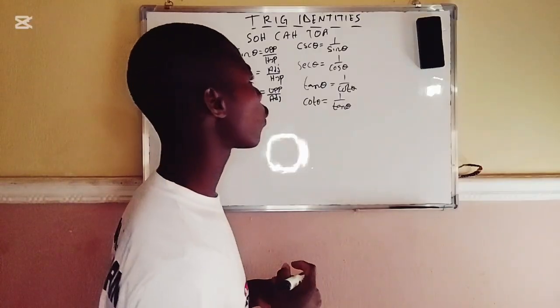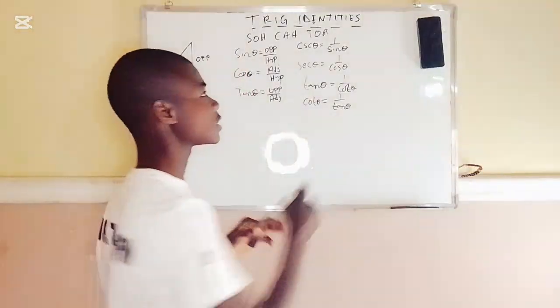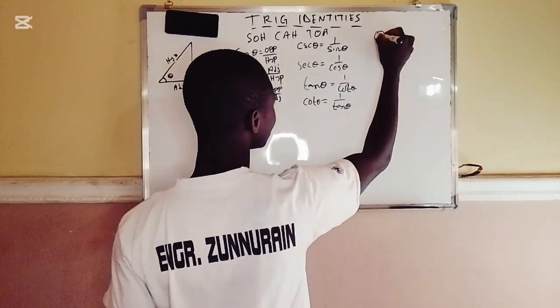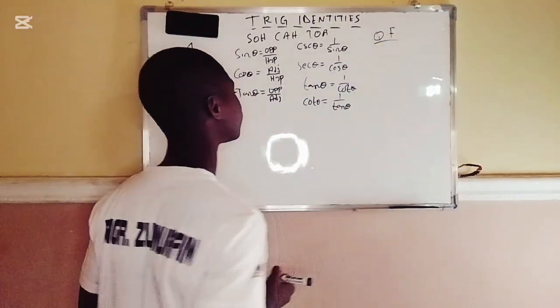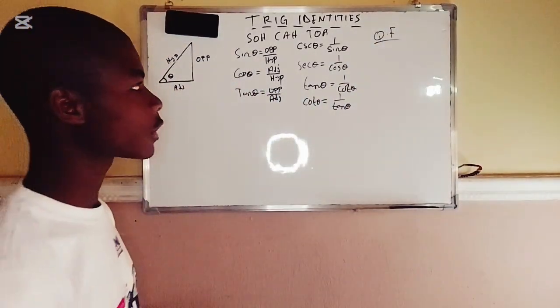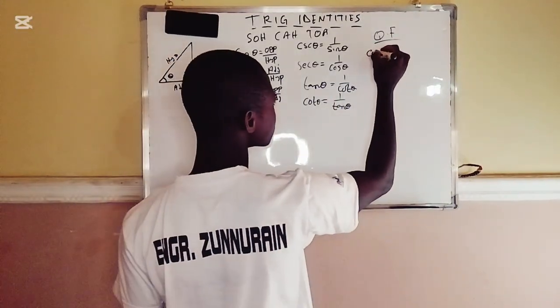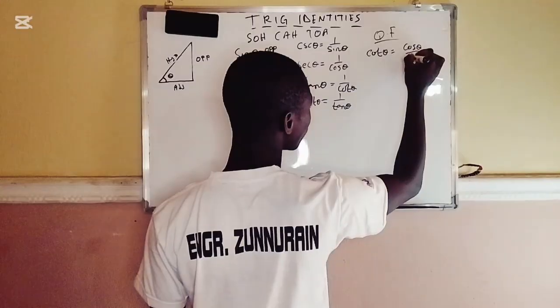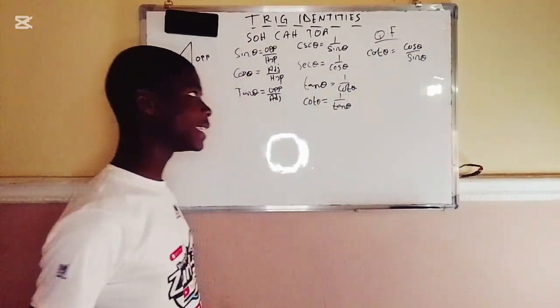Again, we have the quotient functions. So what are the quotient functions? The two quotient functions, let's indicate it as QF. The value of cot theta is cos theta over sin theta.